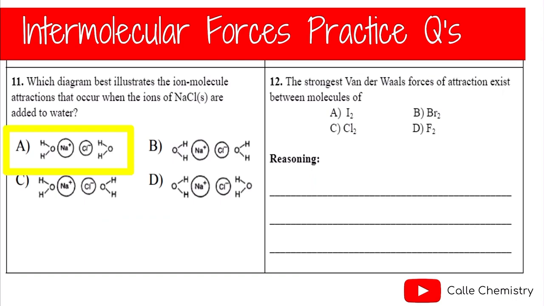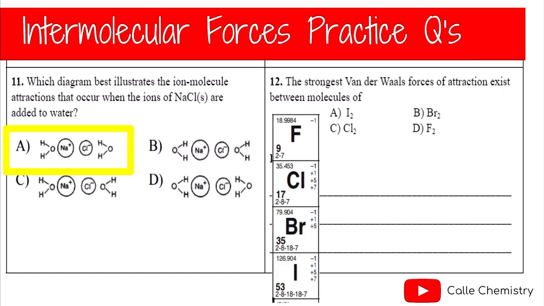Number 12. The strongest van der Waals forces, this is also referred to as London dispersion forces. So there are 2 names for the same intermolecular force. Of attraction exists between molecules of. We have to look at each one of these on the periodic table, because anything bonded to itself is a nonpolar molecule.